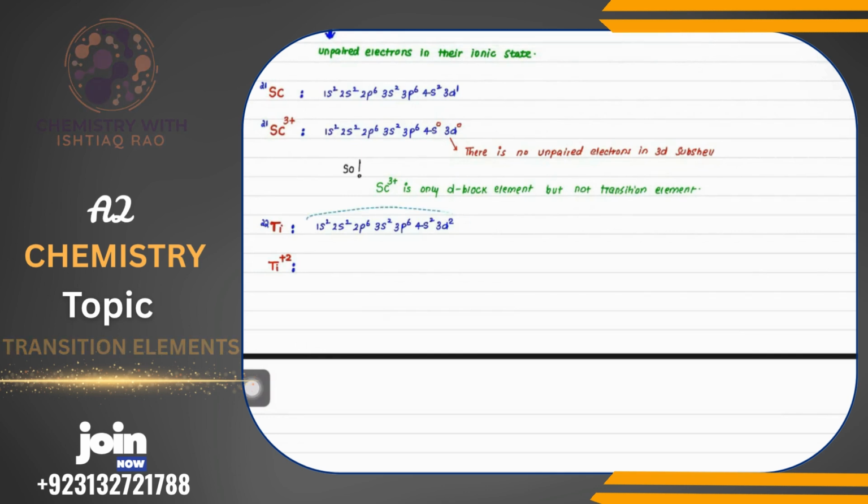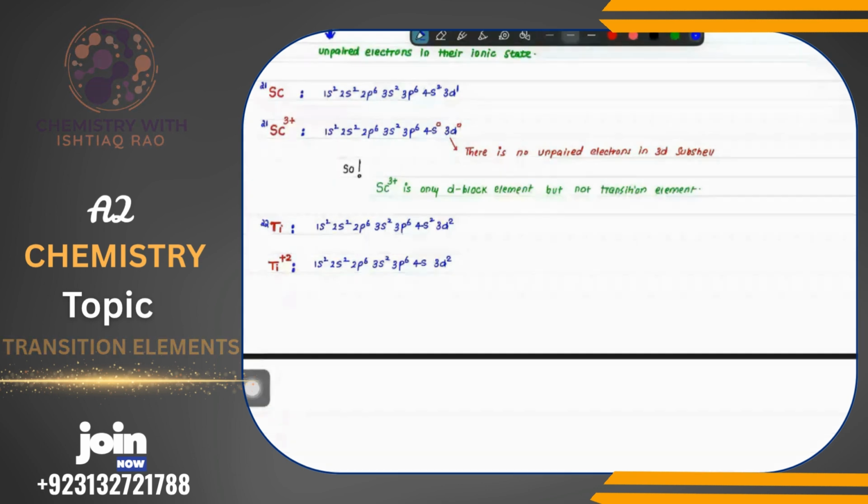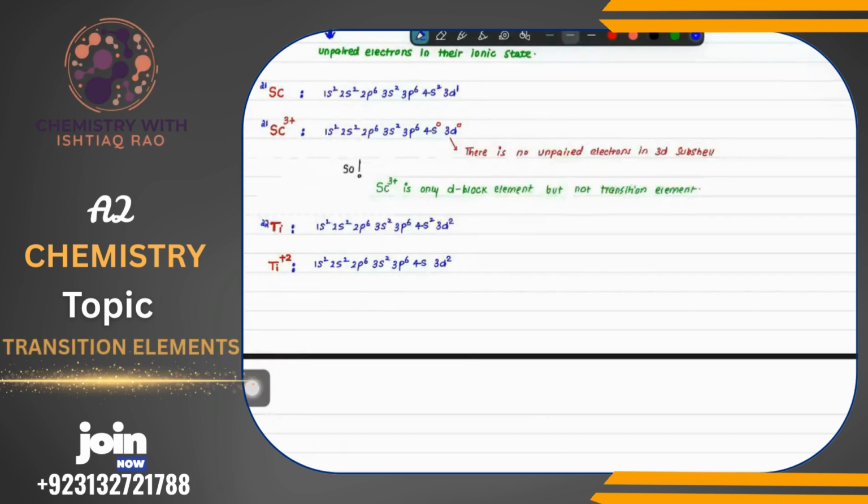So what would be the electronic configuration? Of course, it's going to be 4s0, but 3d2. What I told you, you have to remove electrons from the 4s first. For your ease, I am going to write down the electronic configuration like that.